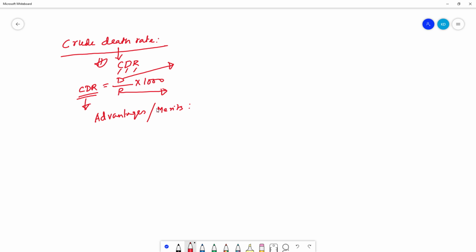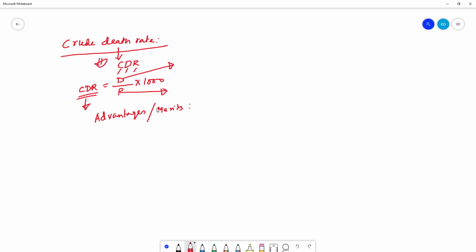It has a probability interpretation. If all the people of the region are taken to be equally exposed to the risks of death from the same cause or other during the interval, then CDR can be regarded as the probability rate of death. This is the classical definition of probability.